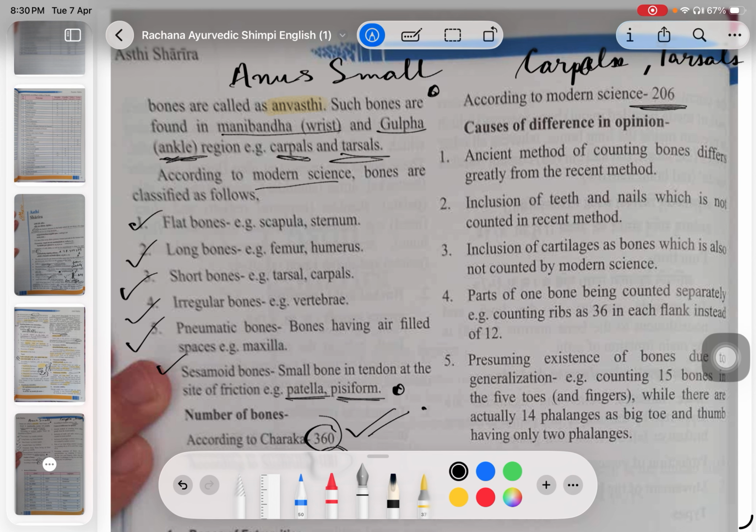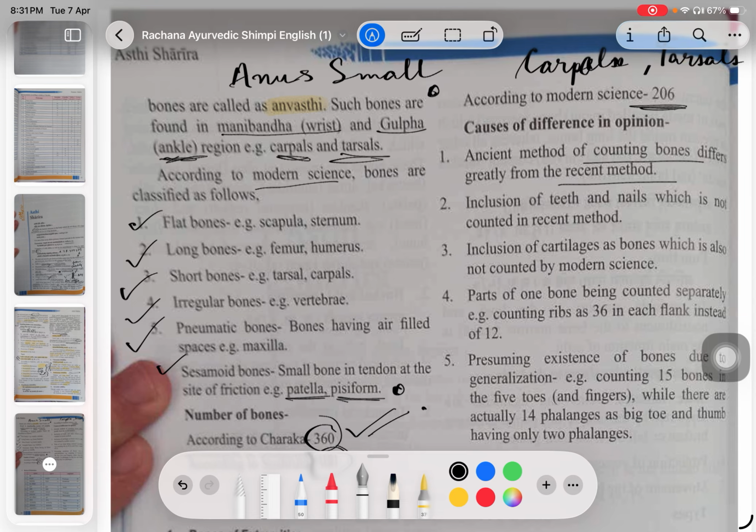The cause of the difference in opinion is that the ancient method of counting bones differs greatly from the recent method. We have a huge amount of instruments and calculation techniques for a lot of things in science right now. But at that time, there were primitive methods.